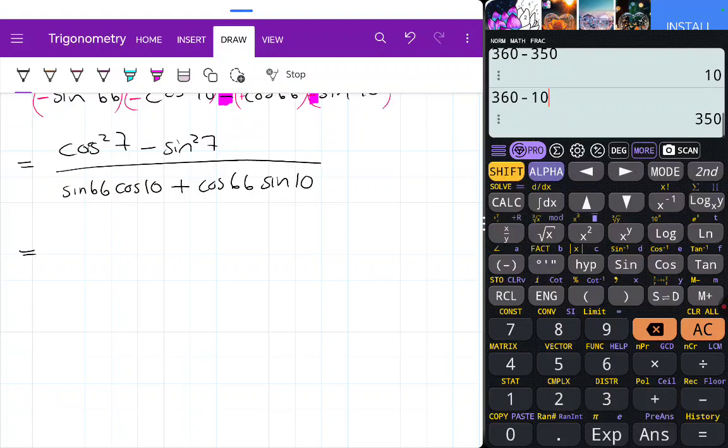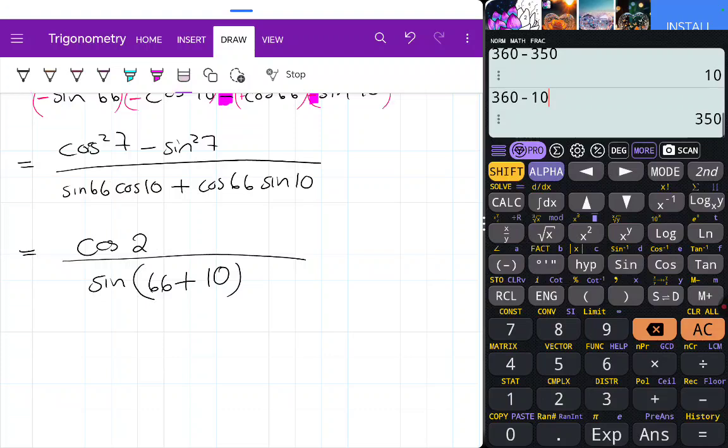On our numerator, you have cos squared 7 minus sine squared 7, which becomes cos of 2A. And our denominator is going to be sine 66. If I read it without the angles, I've got sine cos cos sine. That's not a double angle, that is a compound angle, and that gives me a sine angle where the addition stays, and we have sine of 66 plus 10. I hope that you are in agreement with me.